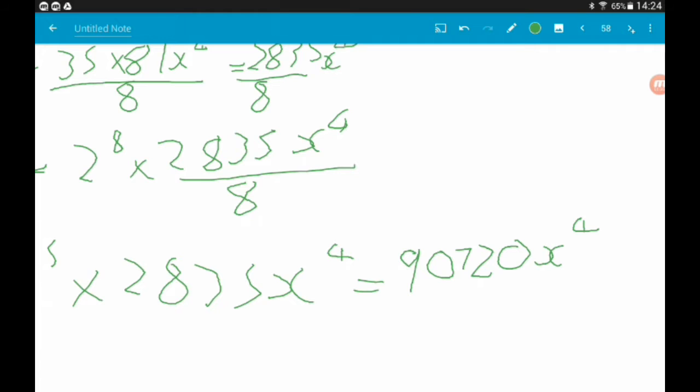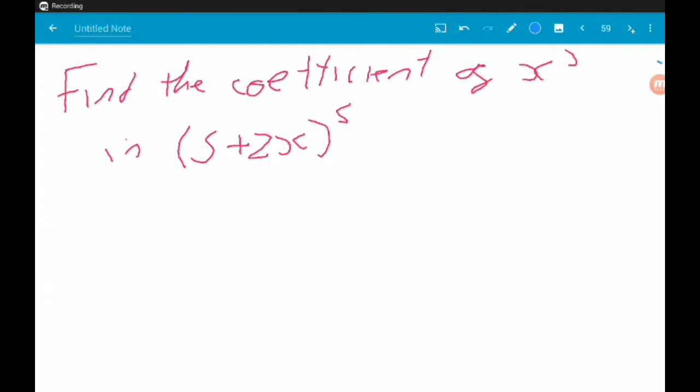Okay, let's do one more. Okay, example 2 then. So we want to find the coefficient of x cubed in the expansion 5 plus 2x to the power of 5.